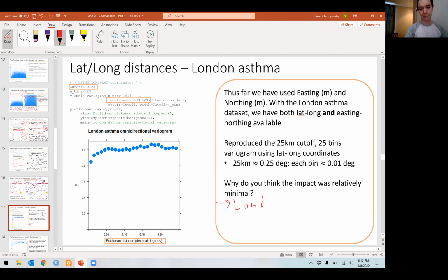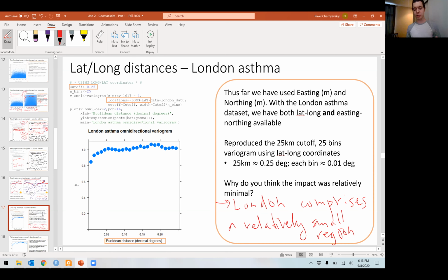London comprises, I like this word today for some reason, a relatively small region. On the scale of the world, London is quite small, and so any kind of distortion that is introduced by using latitudes and longitudes and not projecting them into meters is minimal.